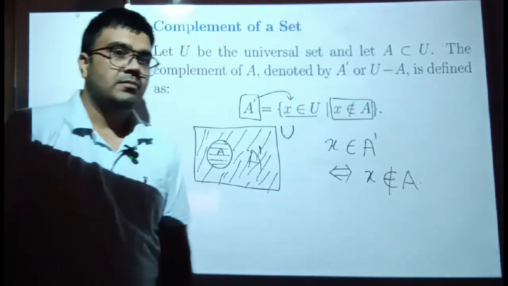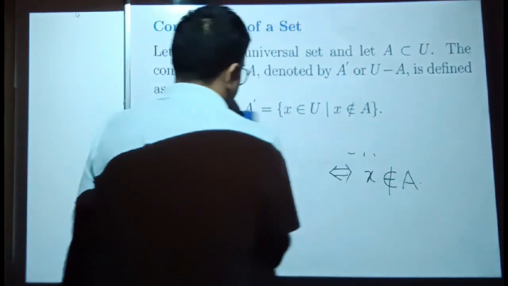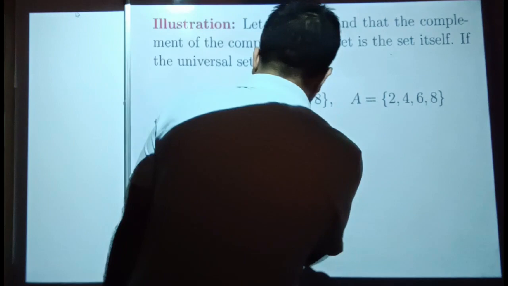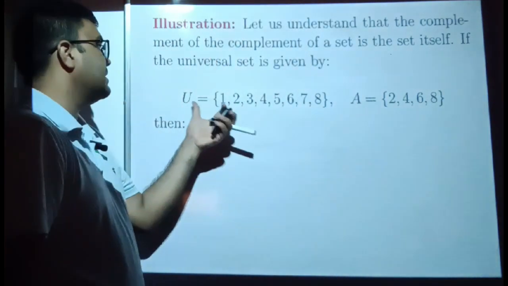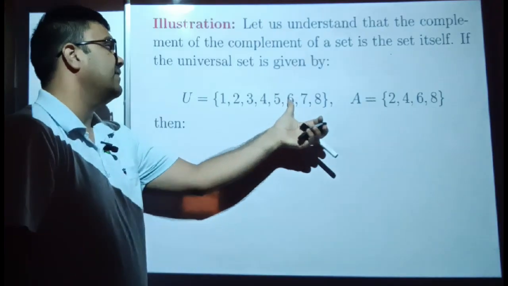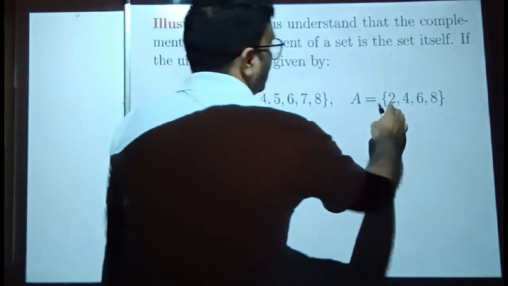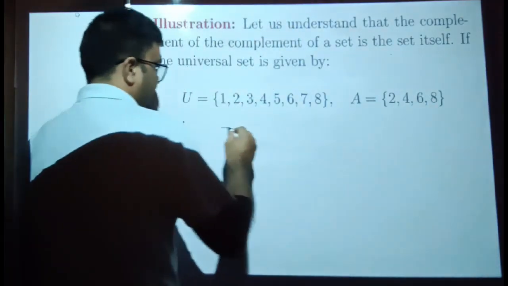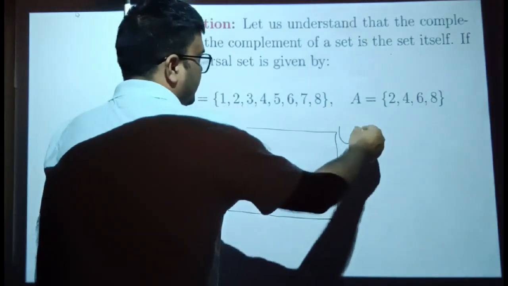Let us consider an example to better understand things. Suppose the universal set U is given. It has elements 1, 2, 3, 4, 5, 6, 7 and 8. And the set A is given. It has elements 2, 4, 6 and 8. Let's try to understand with the help of a Venn diagram.